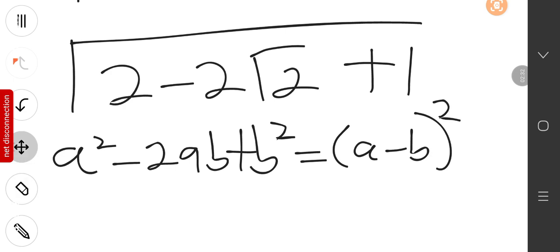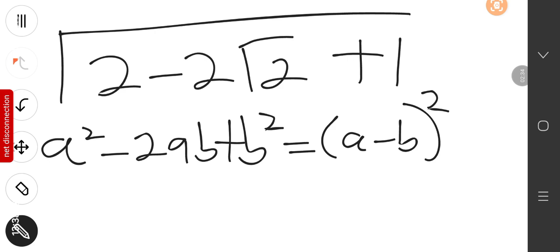Now we want to know the actual number that was squared to give this 2, which stands for the first part, and then the actual number that was squared to give this 1, which is the last number.